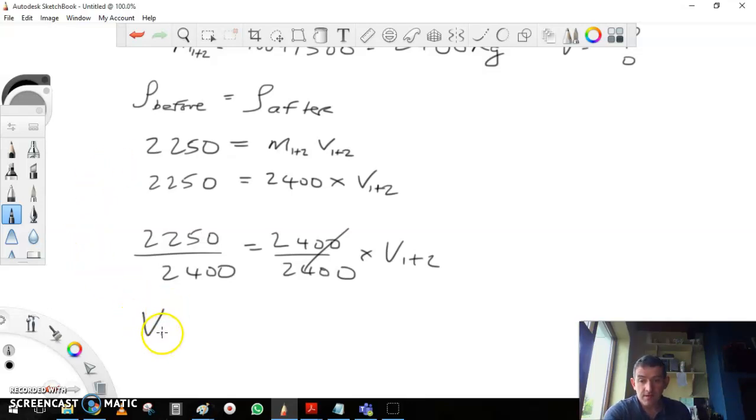So the velocity after will equal 0.94 meters per second. That's the velocity after the collision, and they'll be heading that way, according to our drawing.